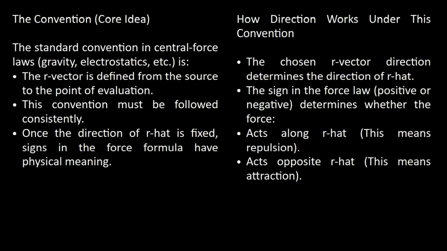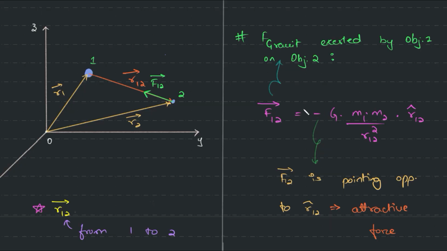So we just have to follow that convention, and as per that convention, you will get negative in all cases. For electrostatics, it can be positive or negative depending on the charges. You know positive and positive charges repel, positive and negative charges attract. Okay, so yeah, end of it.